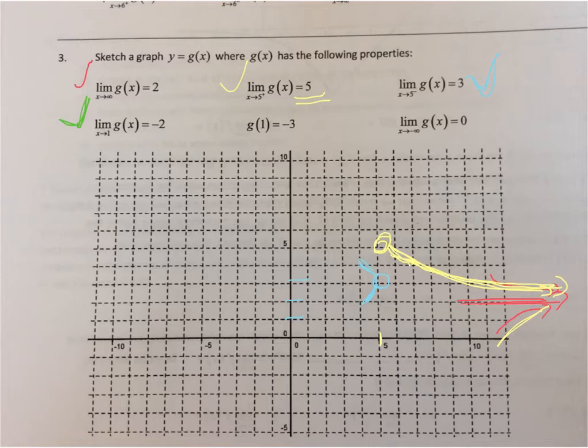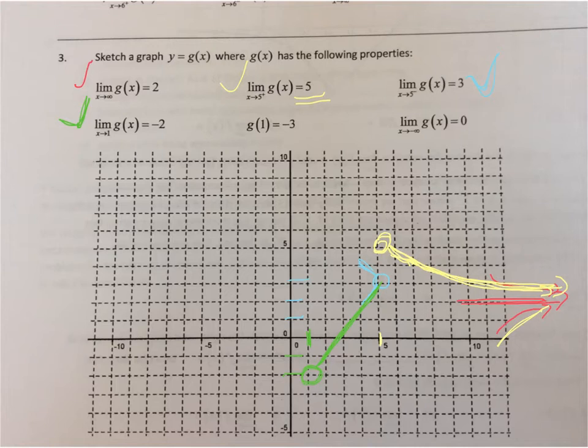So at 1, my function's limit is going to -2, excuse me. That tends to make me believe that I'm going to connect the graph in this direction. Okay, those 2 pieces of information together.